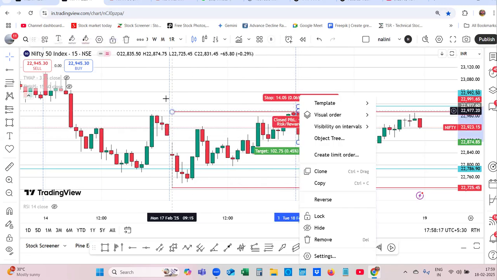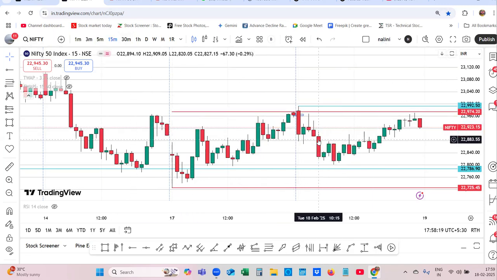Try to concentrate. This was the best trade for today because it got rejected from the previous day high.